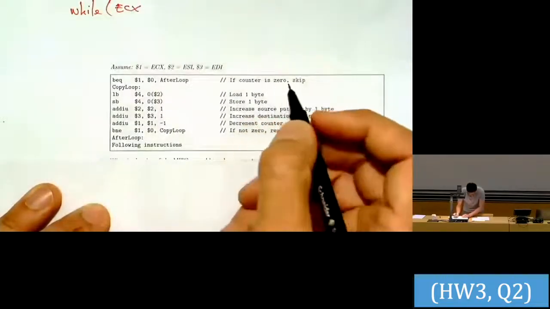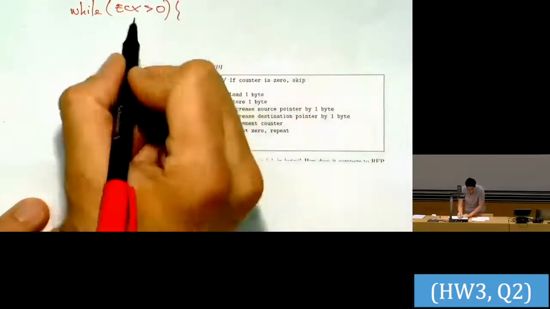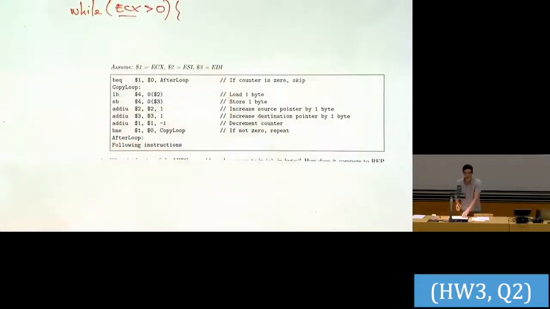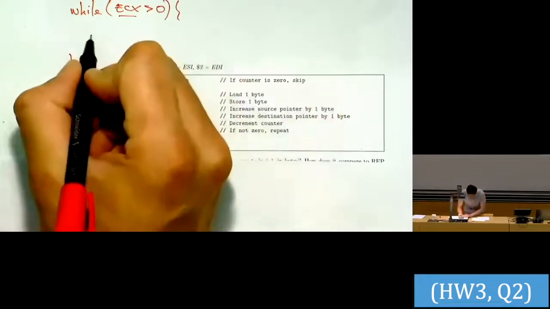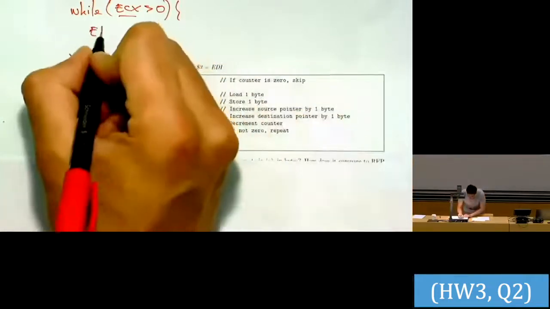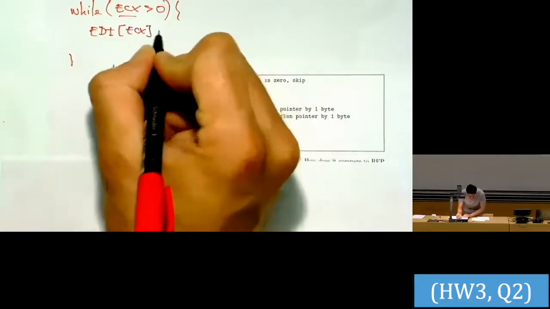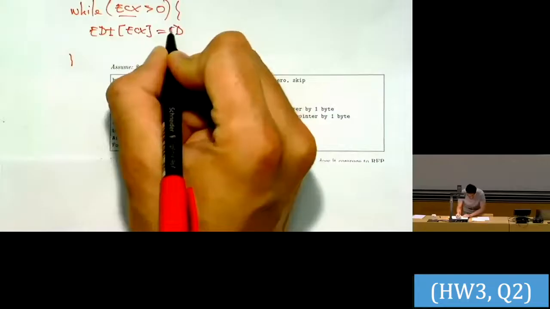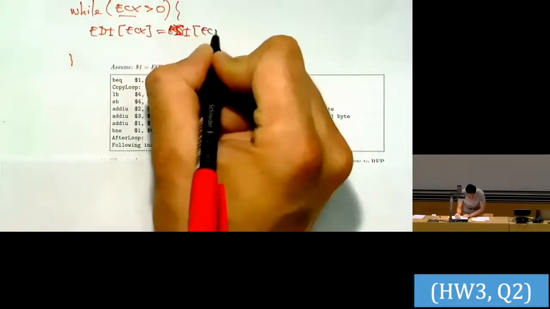While ECX greater than 0, because ECX is the counter, where we have the total number of bytes that we need to copy, and this would be something like EDI[ECX] equal ESI[ECX].